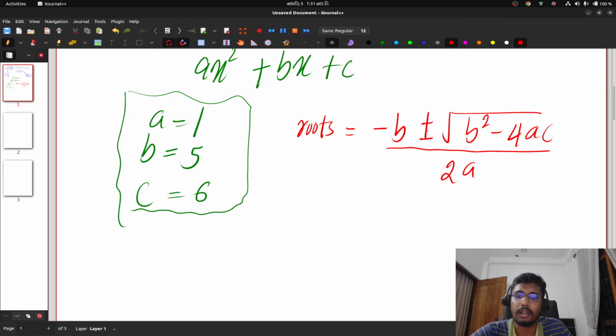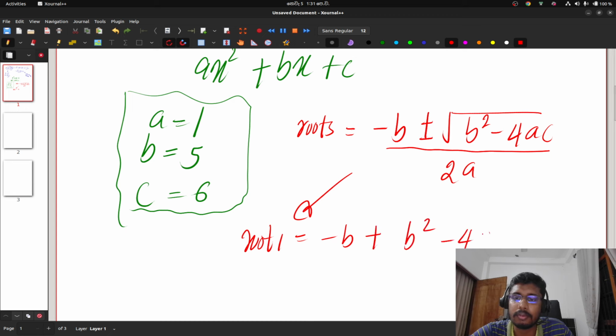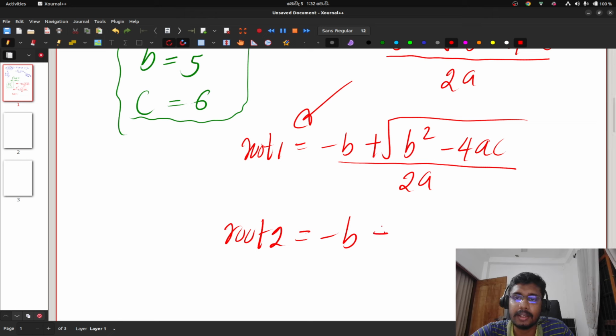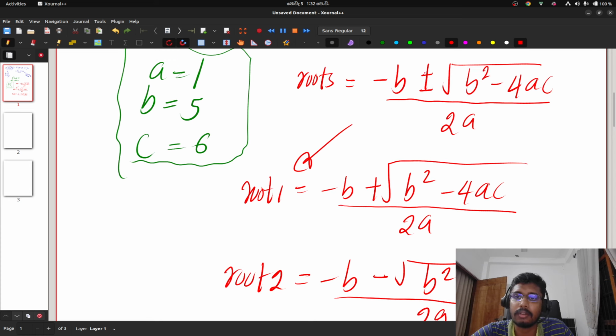Now root 1 will basically be minus b plus the square root of b squared minus 4ac, and then divided by 2a, while root 2 will be minus b minus the square root of b squared minus 4ac, divided by 2a. Now that is why we mentioned plus or minus here. So that means this answer has a potential to be both the roots. Now it's just a matter of some simple summation. So I think this is the best way to approach this problem.